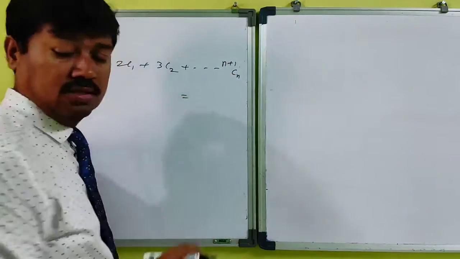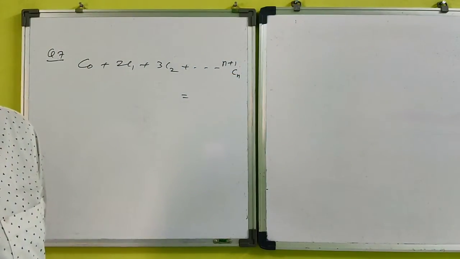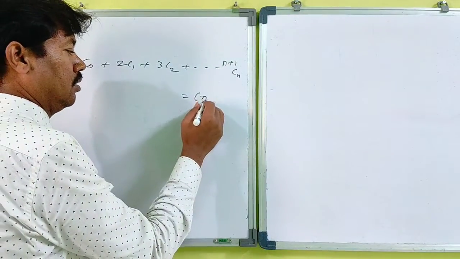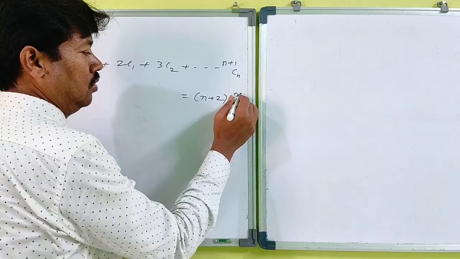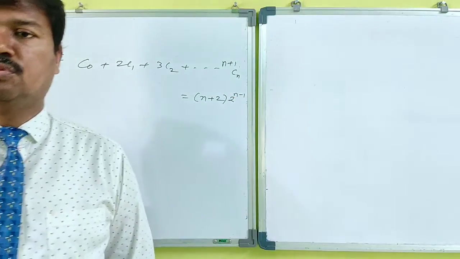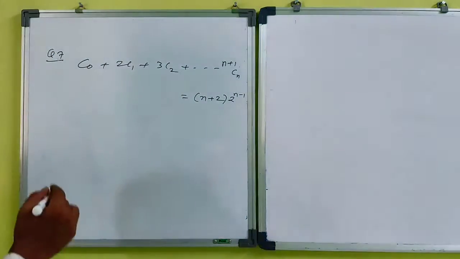You have to prove that it is equal to (n plus 2) into 2 raised to n minus 1. Now this we have to prove.